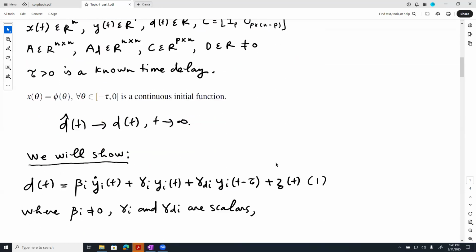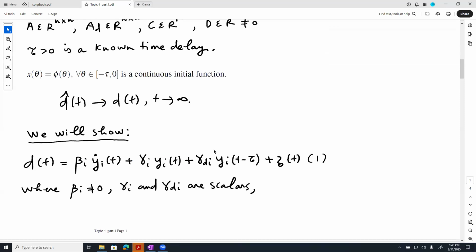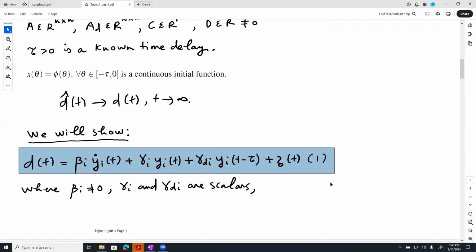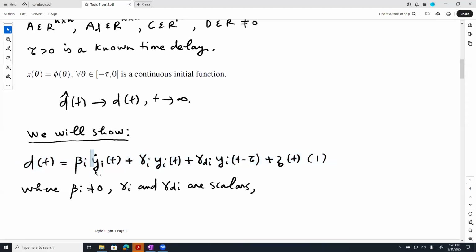The thing here is we will show that based on our matrix decomposition technique, we can express the unknown input in this form, which is the simplest form. Again, it contains the first derivative of only one output measurement, which we call y_i(t).